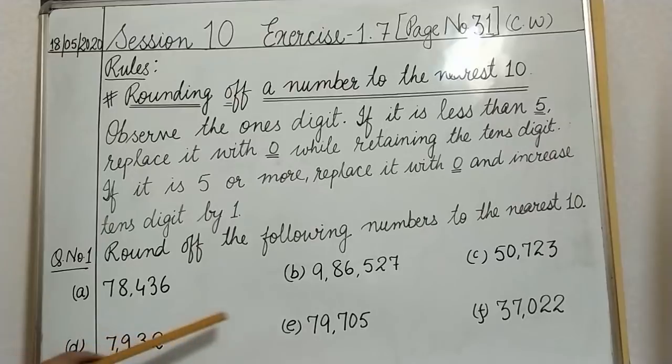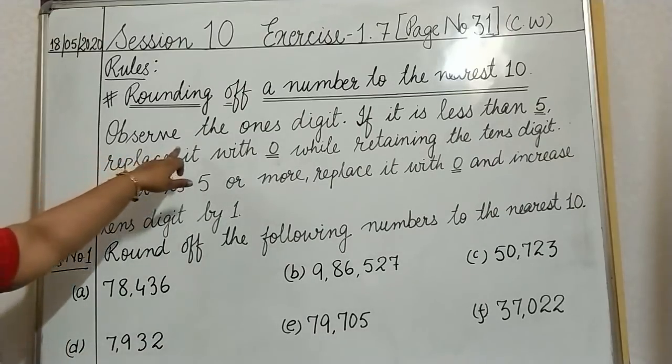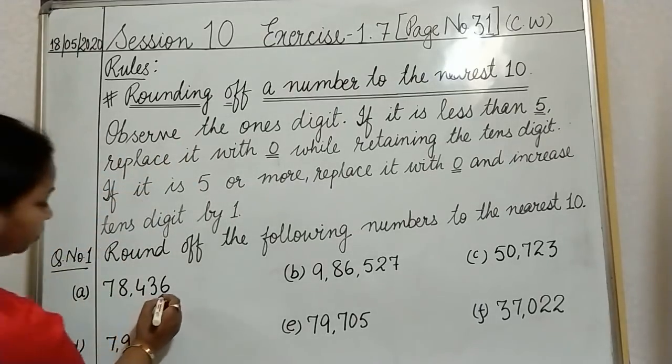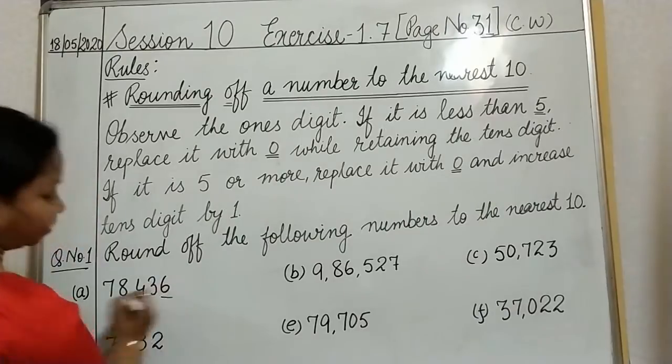Now what are you going to do? Since I have already displayed the question over here, and as you are ready with your book, you do it along with me. The first statement is observe the ones digit. So what we will do? We will underline this ones digit.